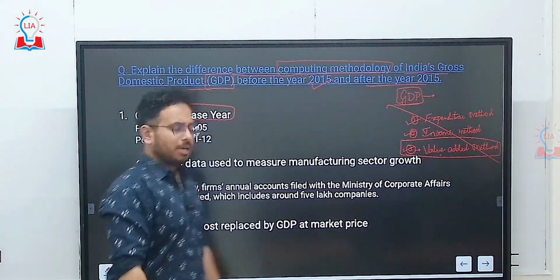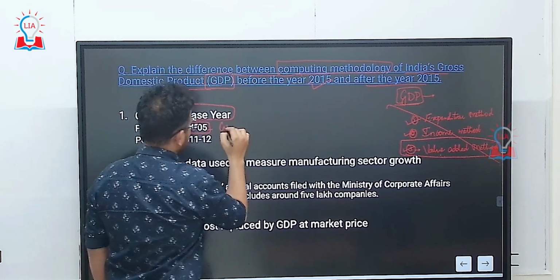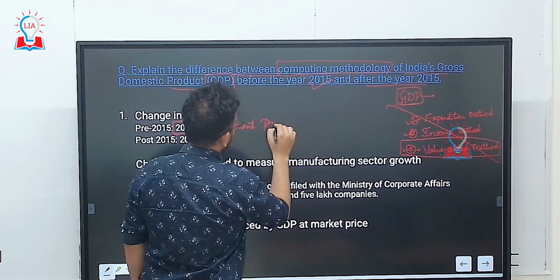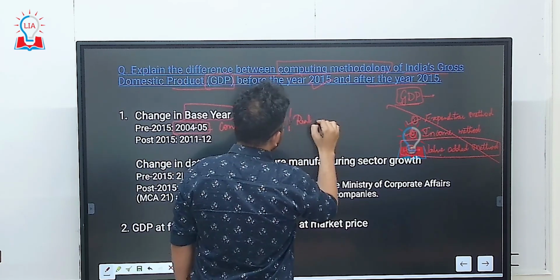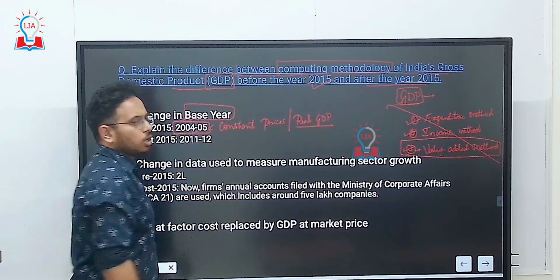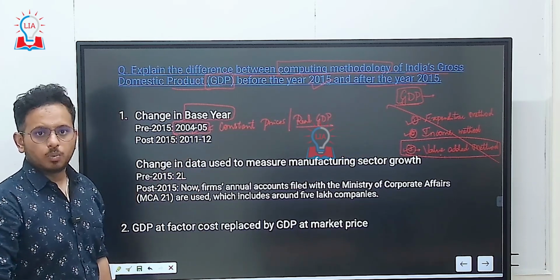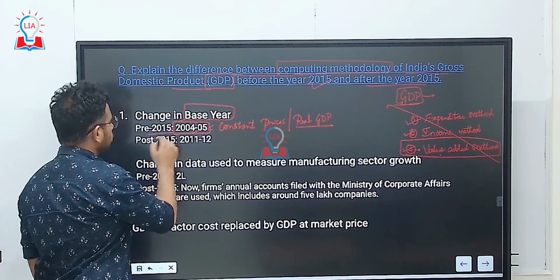Before 2015, the base year considered for the calculation of the GDP at constant prices, which is also called real GDP, was 2004 and 2005. 2004-05 was the base year considered before 2015.